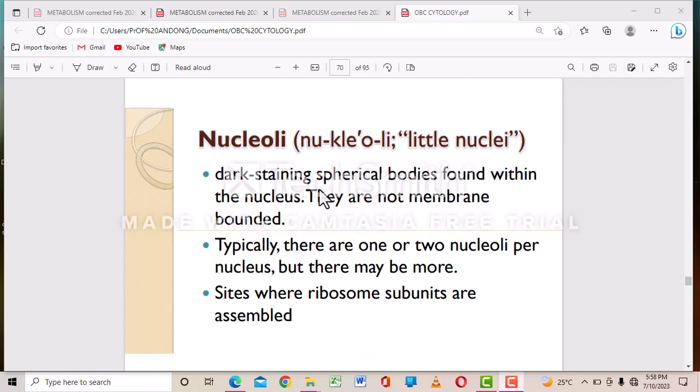The nucleolus is a dark staining spherical body found within the nucleus. It is not membrane bound. It must be clearly noted that this is the site of the production of the components of ribosomes, that is the protein part and the ribosomal RNA. But it must also be noted, like we said once, that ribosomes are assembled in the cytoplasm.